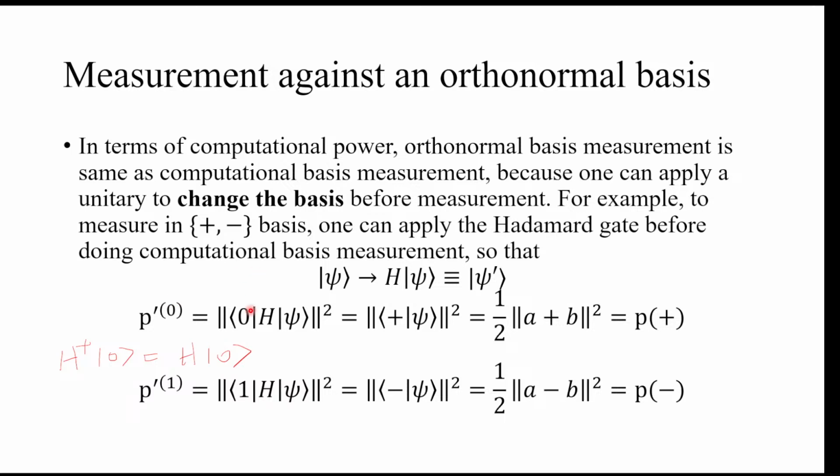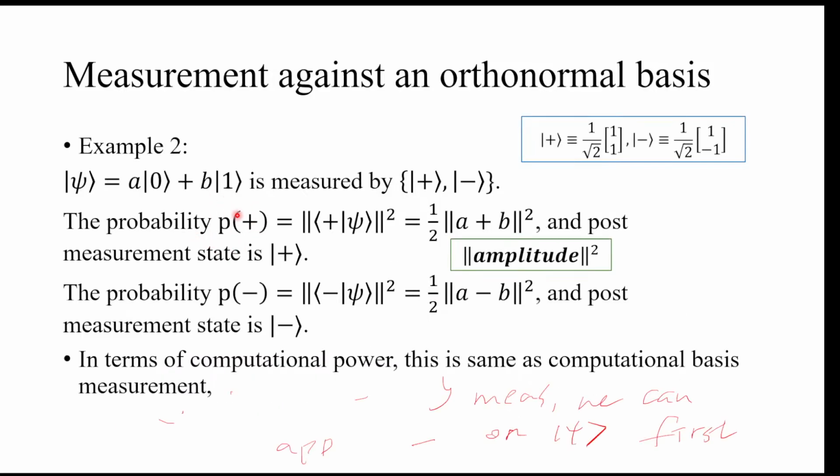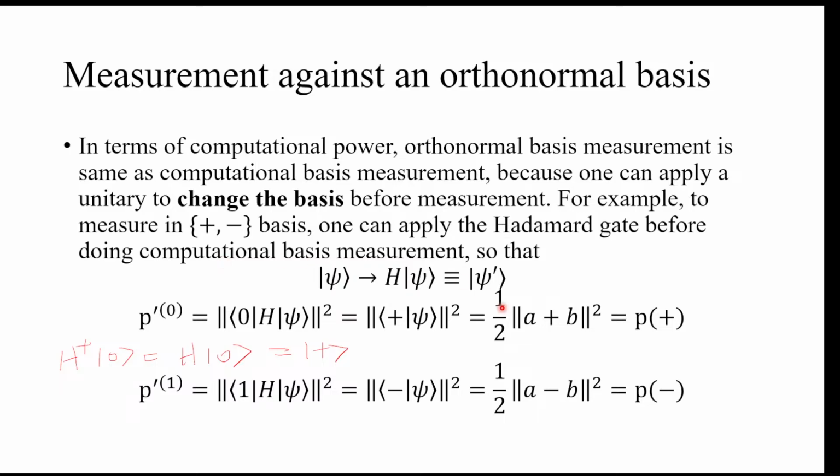And we know its dual is Hadamard dagger 0, and this is equal to Hadamard 0, which is equal to plus. So this is the inner product of plus with psi, squared, and it's exactly this probability p plus we calculated before.